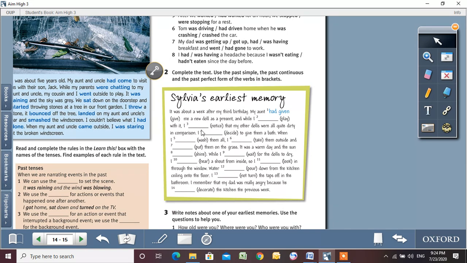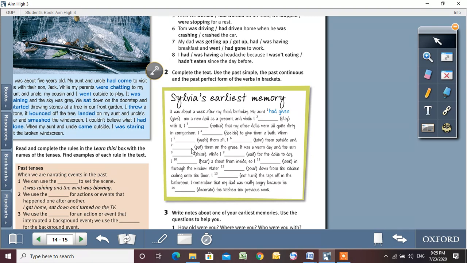Number 4, I decided to give them a bath. When I had washed them all, I took them outside and put them on the grass.